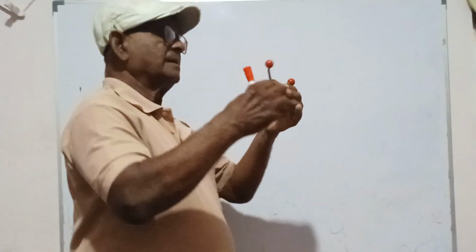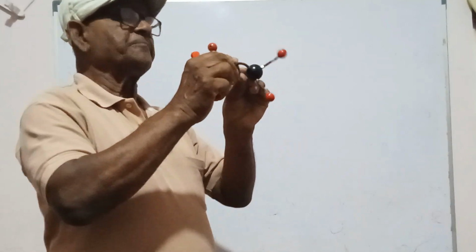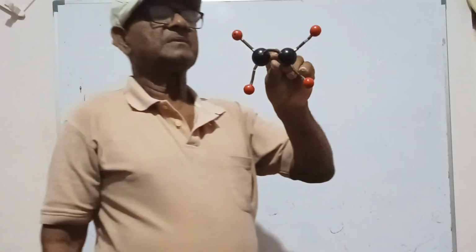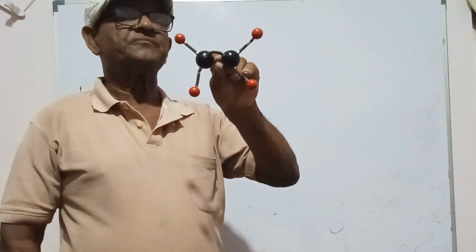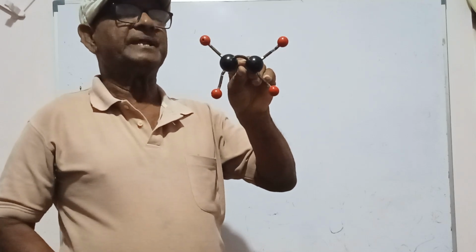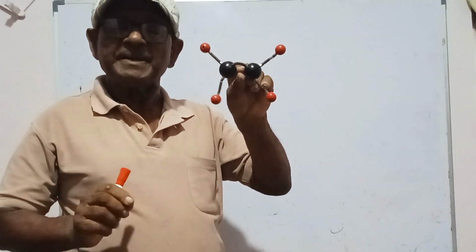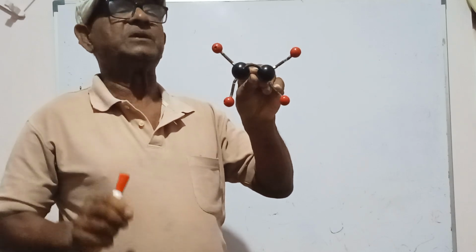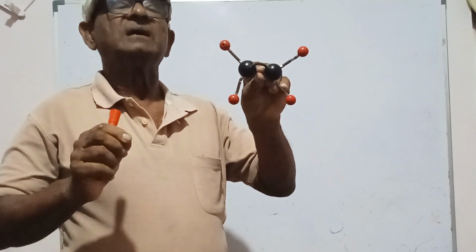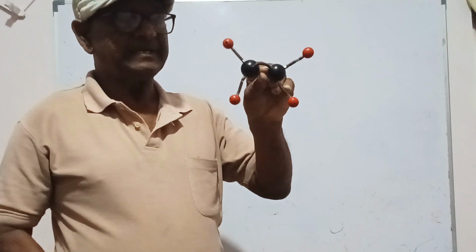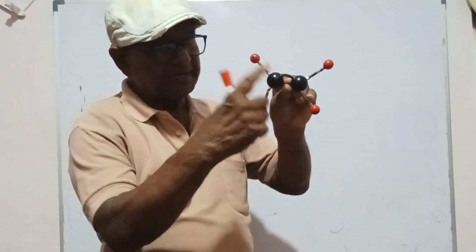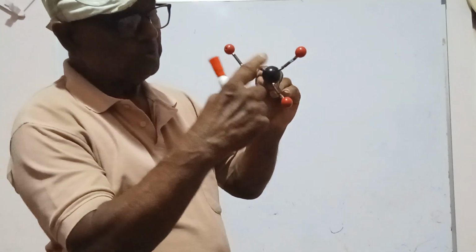last day I came to the sp2 type of hybridization. This is the model of the sp2 hybridized molecule of carbon atoms. Right? So these two carbon atoms are sp2.